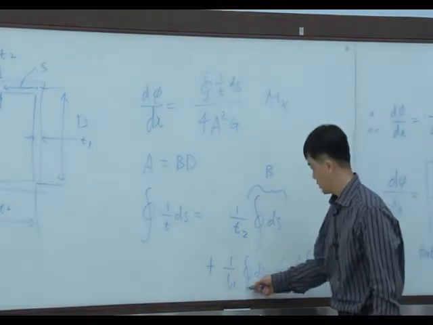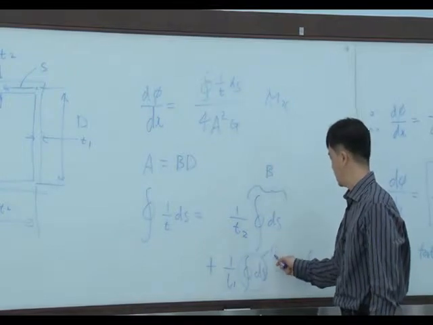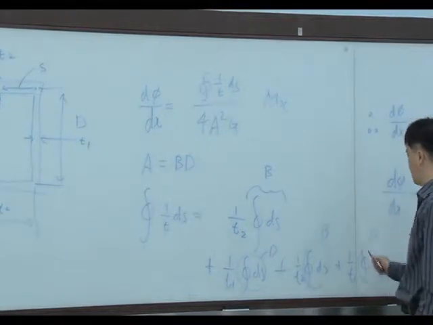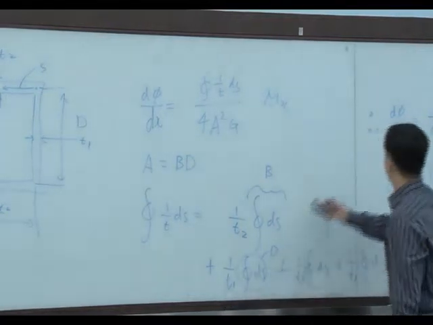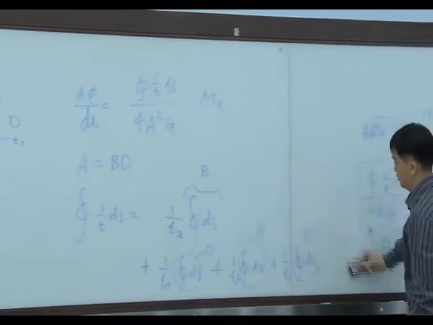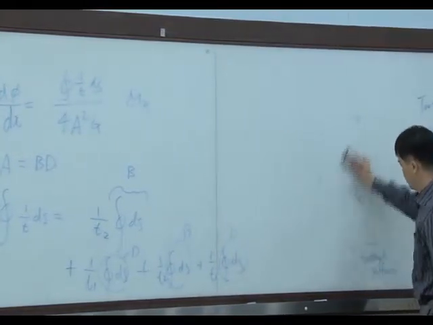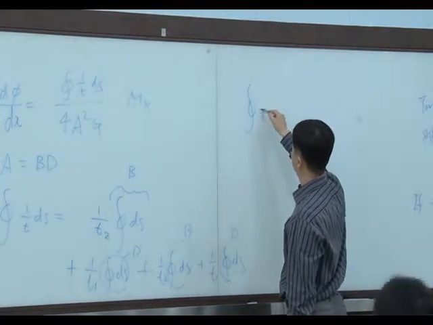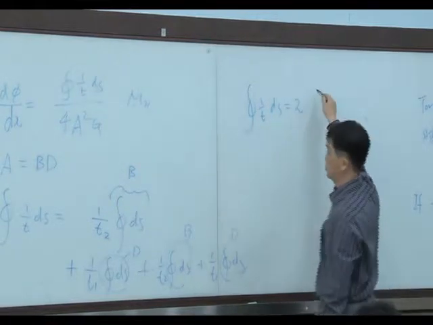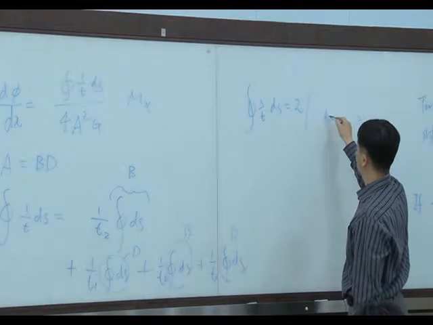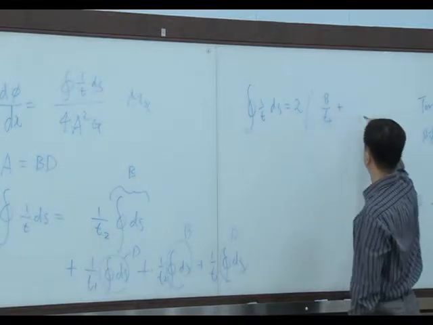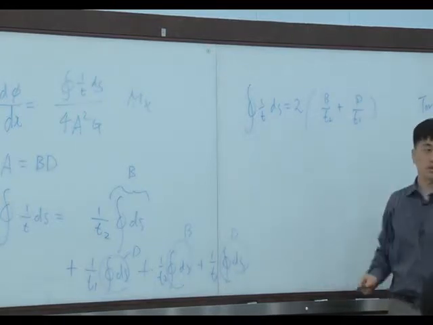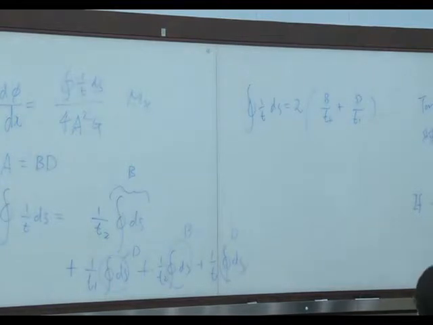This part becomes D, B, D. So finally, the integral of ds over T becomes 2 T2 b plus T1 d, right? Calculation of that integration is not very complicated.